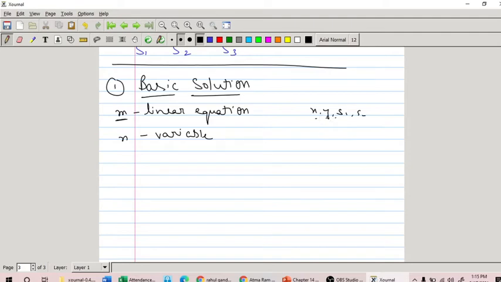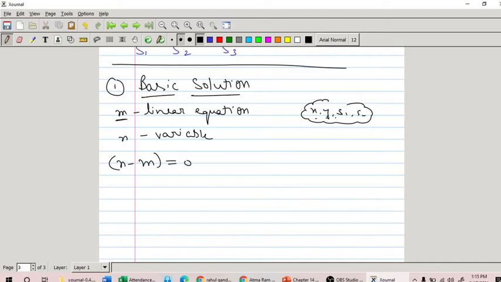So, these are the number of variables. So, it says that a solution obtained by setting n minus m variables equal to 0. So, we will try to put this setting n minus m variables equal to 0.